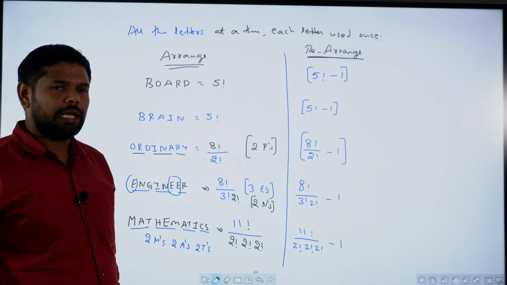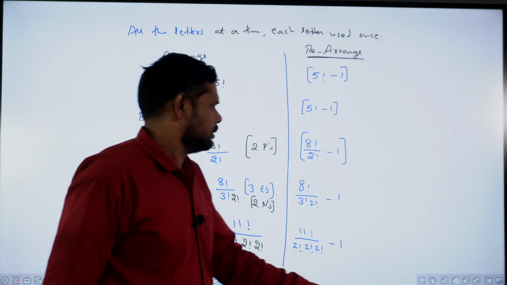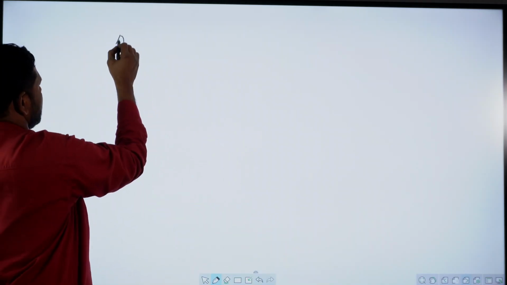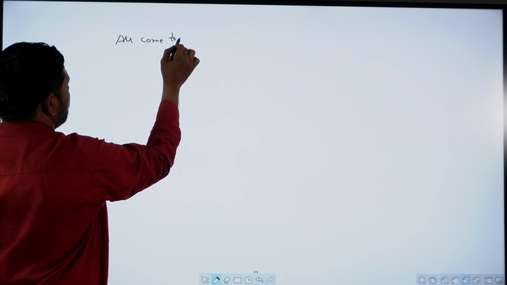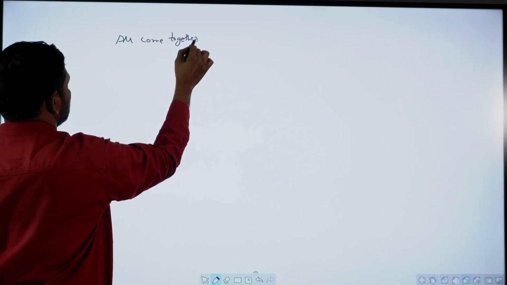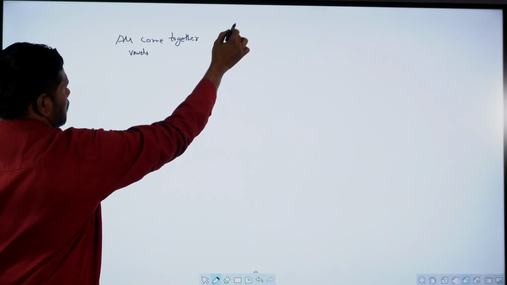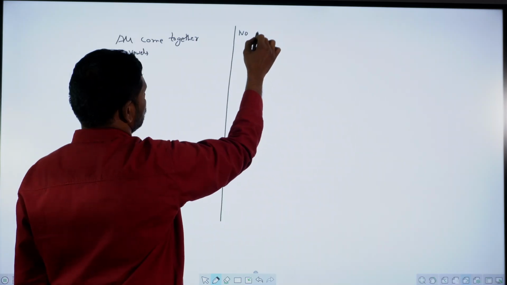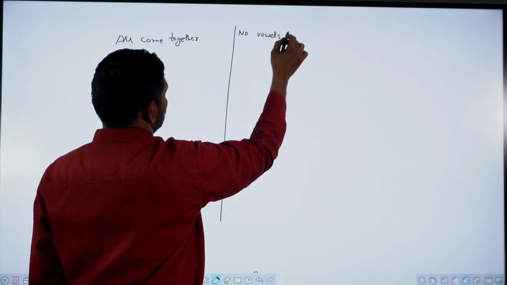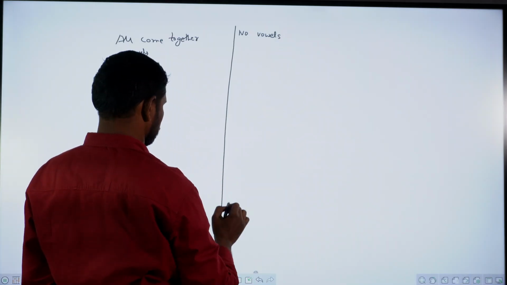Right. So now we have some clear idea. Now we'll move to one more concept. Here I take one example: all vowels come together. Here also I write: no vowels together, suppose.